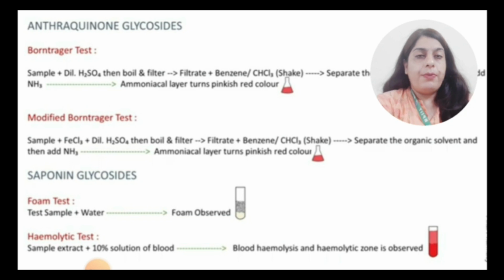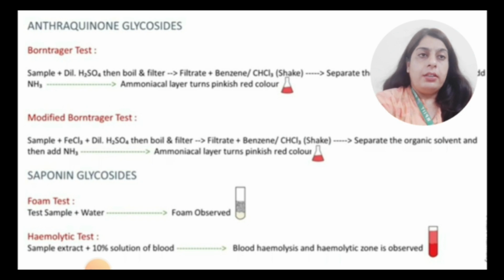The next is the modified Bornträger test. In this case, the sample is treated with ferric chloride. 2 to 3 drops of sulfuric acid are added and it is boiled. Then the mixture is filtered and benzene or chloroform is added and it is shaken well.